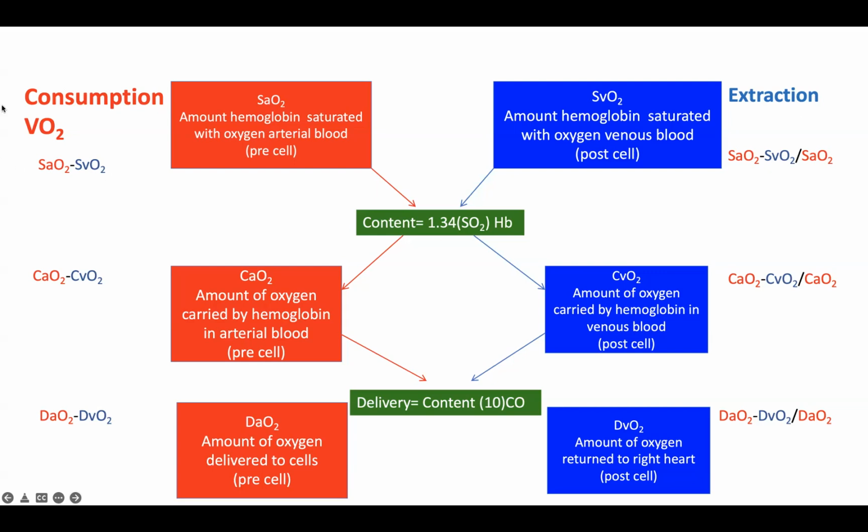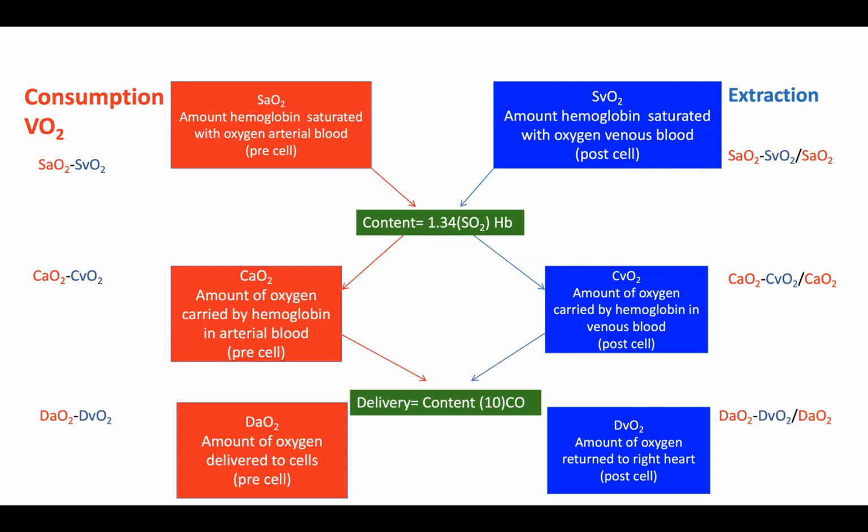So this is your consumption level, and this is the proportional amount that you are using. Extraction goes up, it increases in a poor blood flow state, and it decreases in a microcirculatory obstruction state like sepsis, like volume overload. So really important for us to understand these.